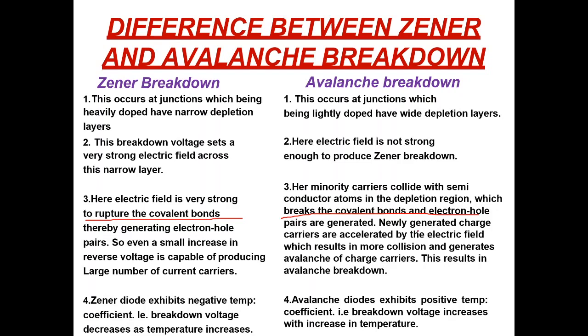Next, the Zener diode exhibits a negative temperature coefficient, that is, the breakdown voltage decreases as the temperature increases. The avalanche breakdown diode exhibits a positive temperature coefficient, that is, the breakdown voltage increases with an increase in temperature.